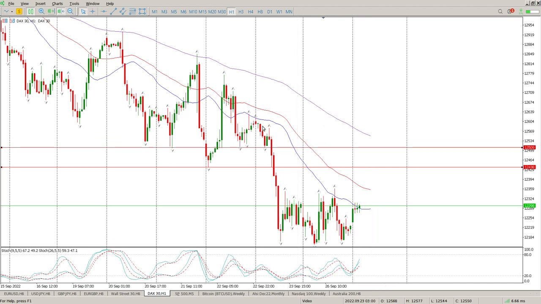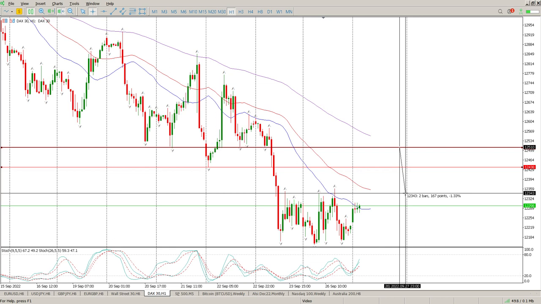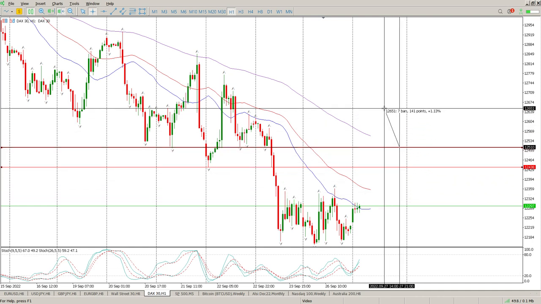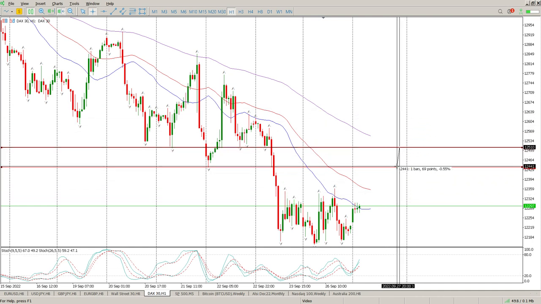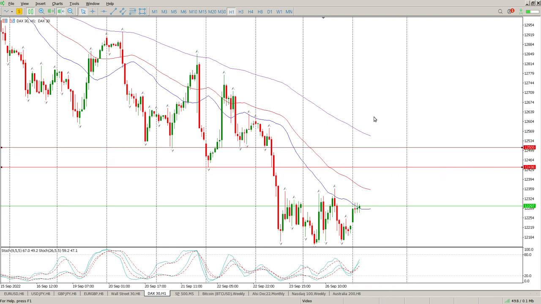It just needs to be above this cluster of swing highs here. My move should come down into this zone here. It's about 180 points with a 140 point stop loss, so it's almost a one-to-one trade. But that's kind of the view that I've got there.